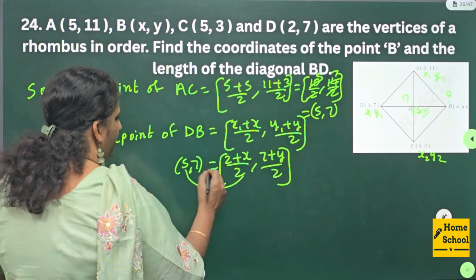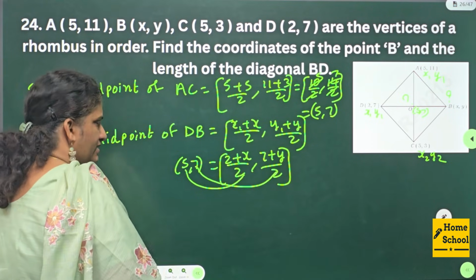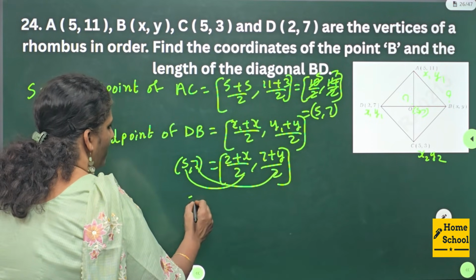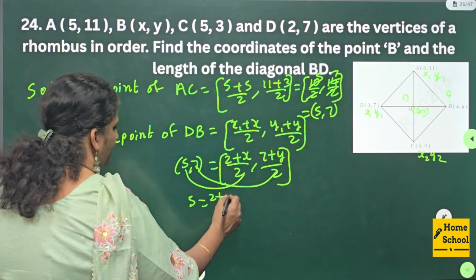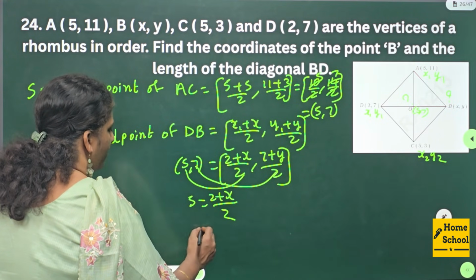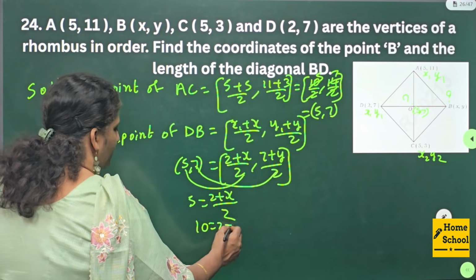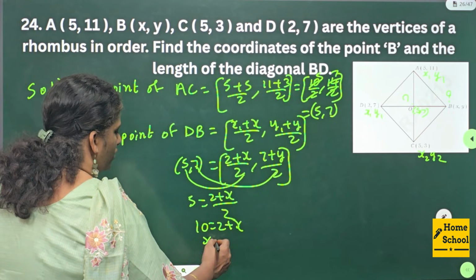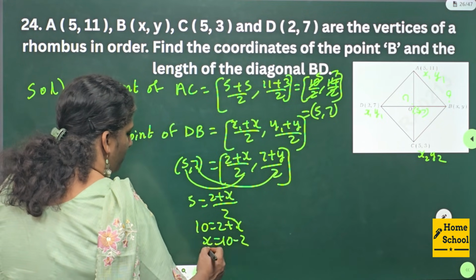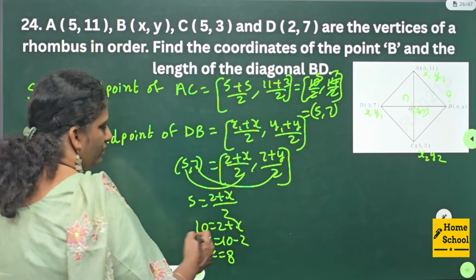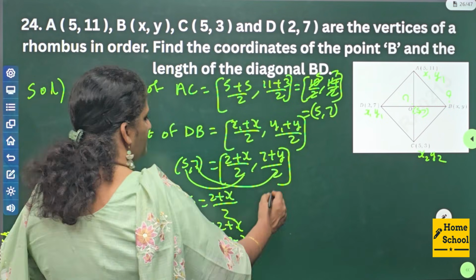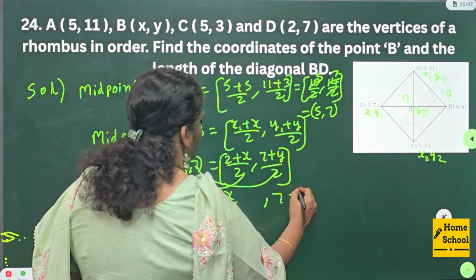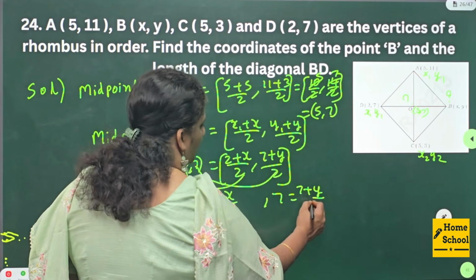Now equate these two in order to get x and y. 5 equal to (2 plus x) by 2. 5 2s are 10 equal to 2 plus x. And x is equal to 10 minus 2, that will be 8. Right? Same manner this pair: 7 is equal to (7 plus y) by 2.